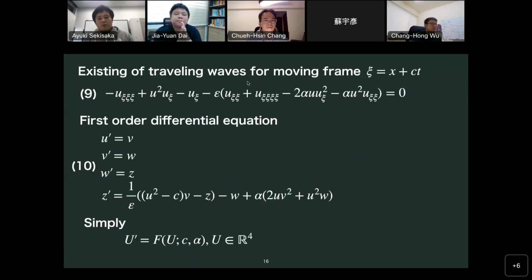We prove the existence of traveling waves and periodic heterogenic orbits using singular perturbation theory, with epsilon tending to 0. This system has third-order differential terms.